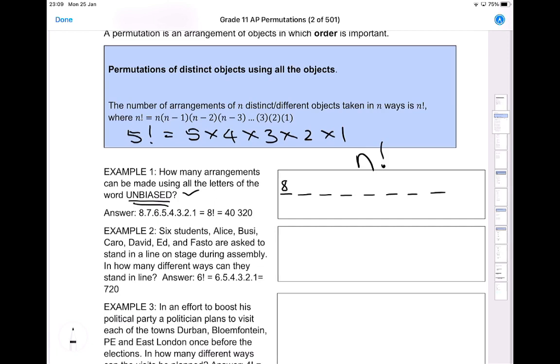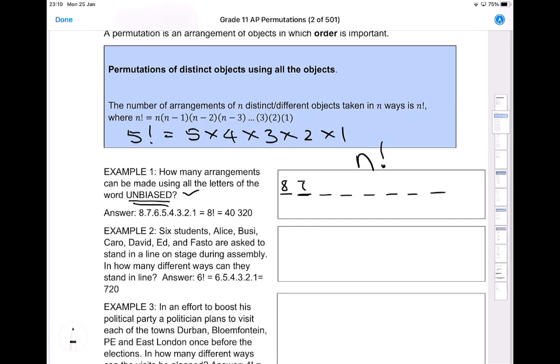Now that the first position is filled up, we are left with 7 positions. 1 letter has been used because we are not going to repeat this letter according to the question. There are questions where the letter can be repeated, but in this case, the letter that took the first position is no longer going to be used. So now we are left with 7 letters and 7 positions. So this position here can be occupied in 7 different ways.